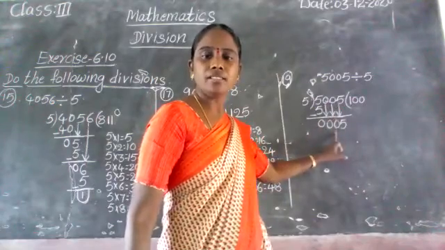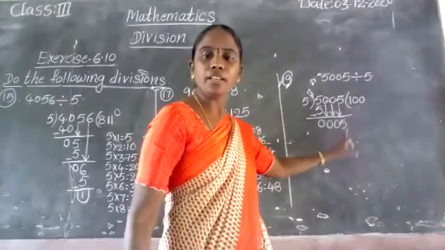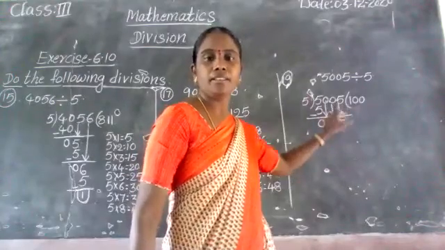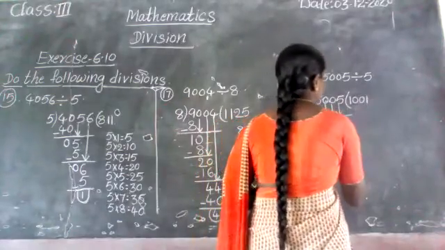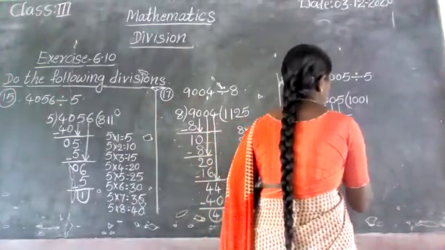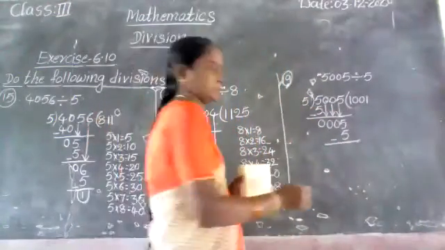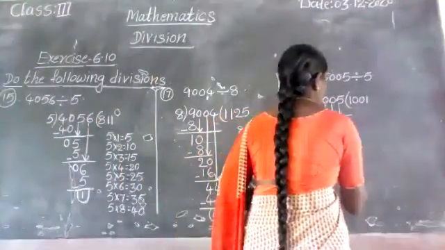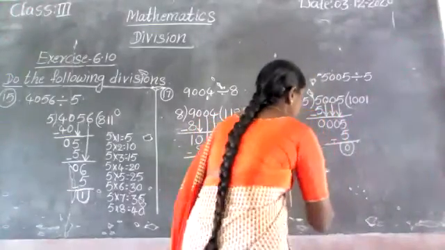Next again take 0: 5 zeros are 0. Next we have to take another digit, 5. 5 ones are 5. 5 minus 5 is 0. So here 0 is the remainder.